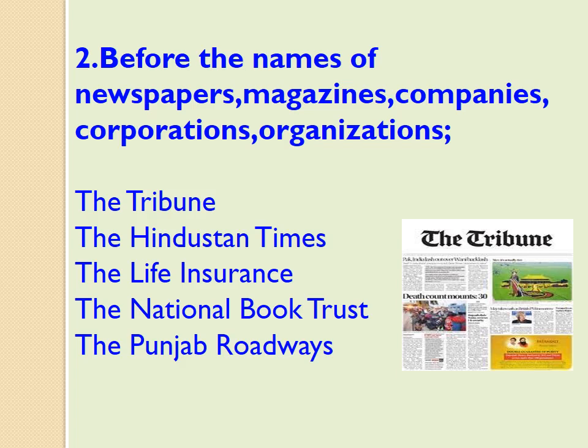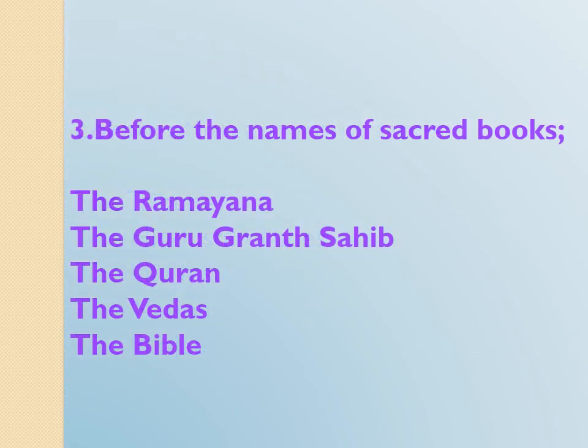Let's move further, students, and take some more examples. Before the names of sacred books, that means we use the definite article before the names of sacred books. For example, the Ramayana, the Guru Granth Sahib, the Quran, the Vedas, the Bible.